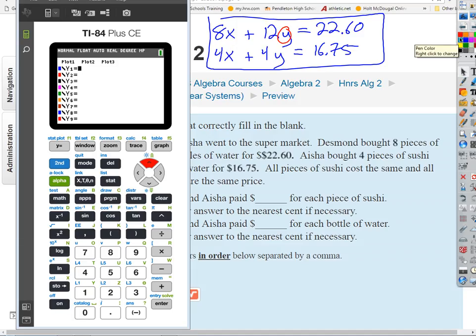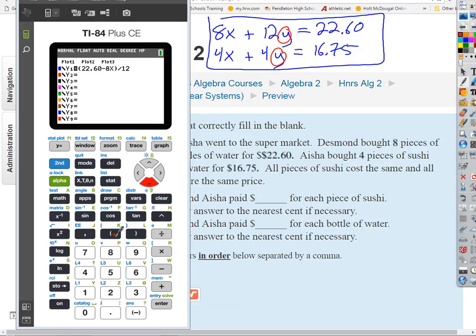So over here, we're going to open up a set of parentheses. On the right side, we've already got 22.6. And then we're going to subtract 8x away to the right side, close the quantity, and divide by the coefficient of y, which is 12. Oops, forgot to divide. Divide by 12.